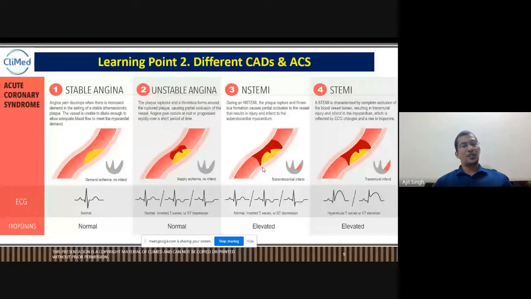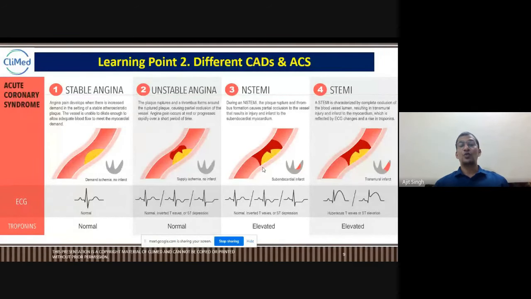Stable angina is not at all severe. Unstable angina is quite severe, but NSTEMI sometimes needs immediate treatment, and with STEMI the patient has only 1, 2, or 3 hours maximum to get the best treatment. Otherwise, it is very critical. So this STEMI is a very critical one.